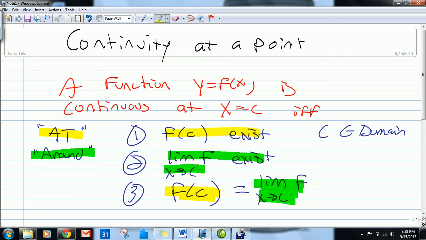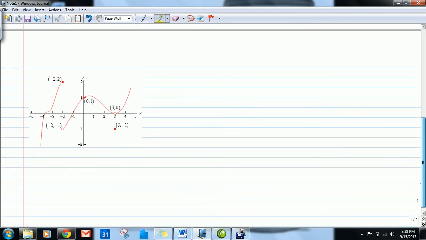So these are the three things. All three have to be met in order for a function to be continuous at a point. If any one of these three things breaks down, then we have a discontinuity, a function that's not continuous at that particular point. So let's look at an abstract problem, and then we'll look at a very tangible problem.